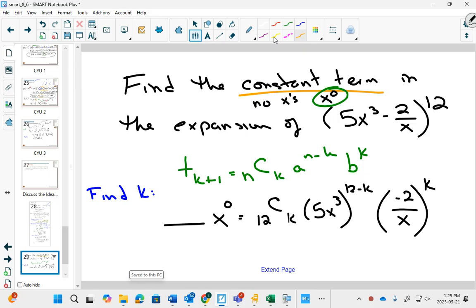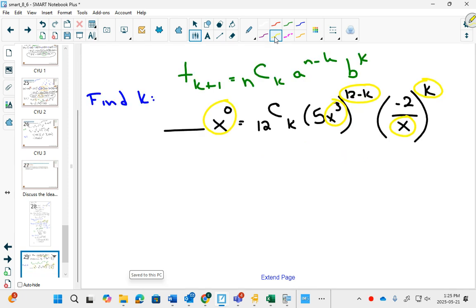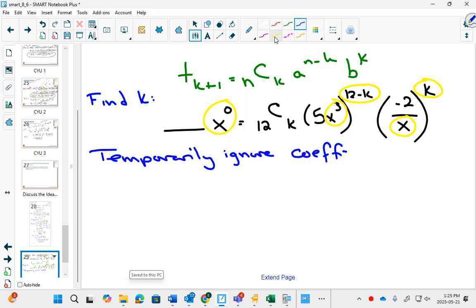And just like I circled in yellow last time, x's and their exponents are the only hint you have. I can write it in blue. The strategy is we temporarily ignore all the numbers in front.